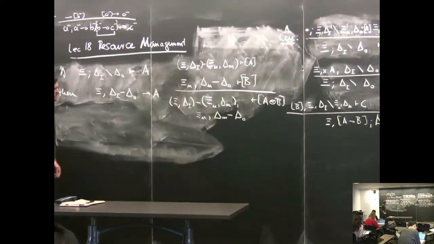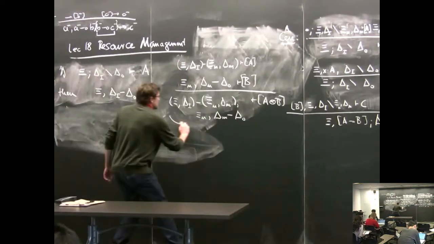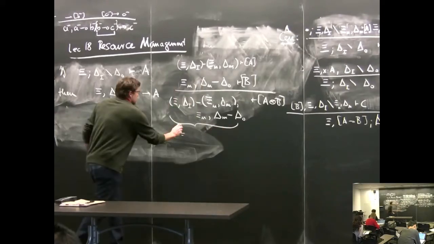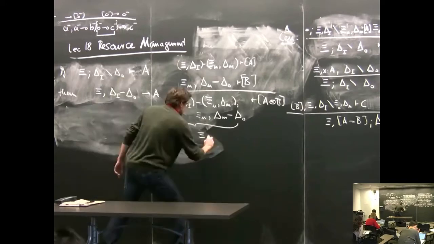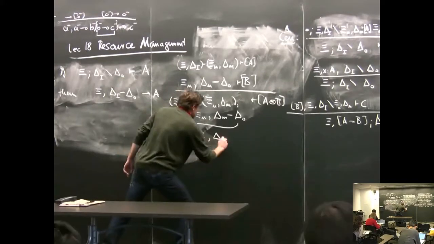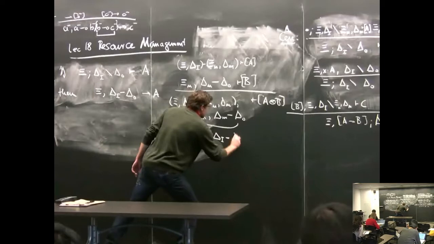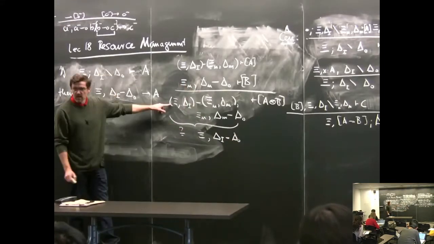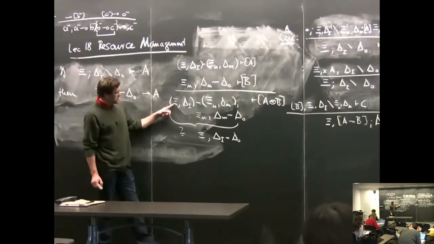What do we need there? We need psi with delta I minus delta O. That's what we need, and this is what we have. Do we get exactly psi? So here we have psi.